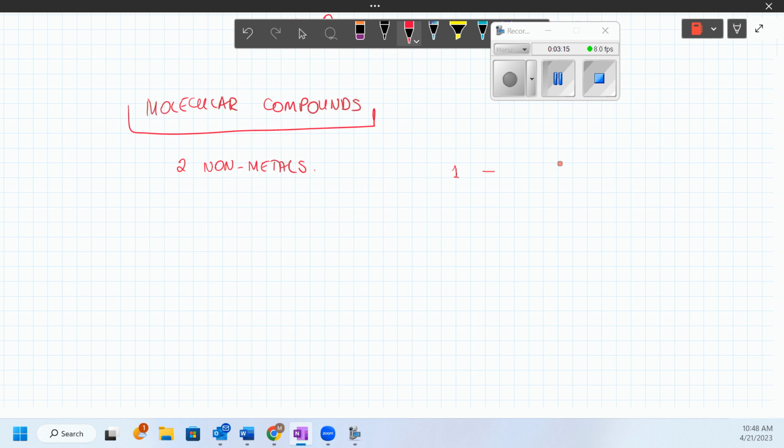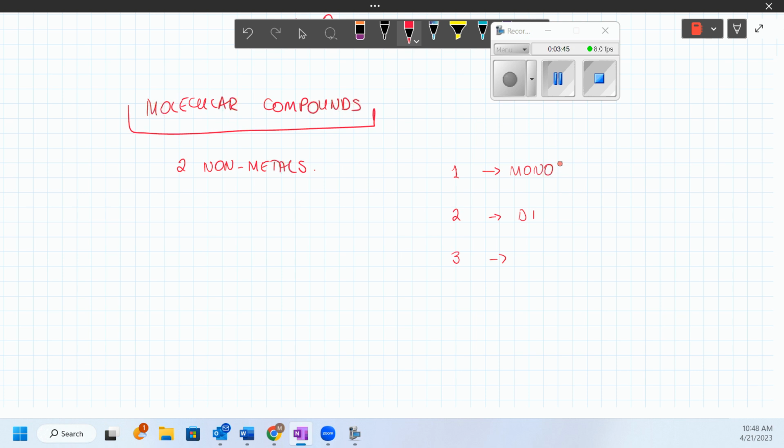When you have one, it's identified as mono, but if it is the first element that has one, then you don't even mention that. Then two is di, three is tri, and so on. You have that table posted on D2L under the explanation, so take a look at that table if you do not remember.